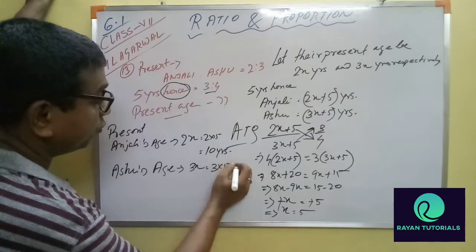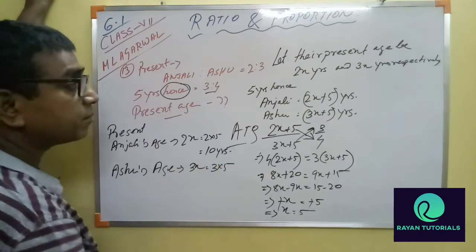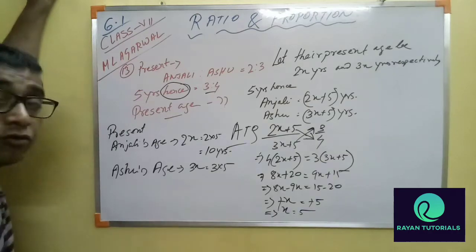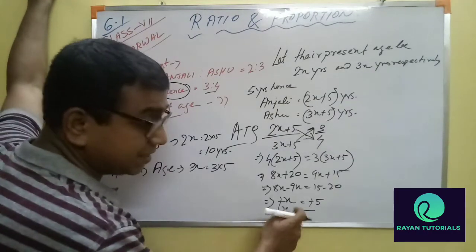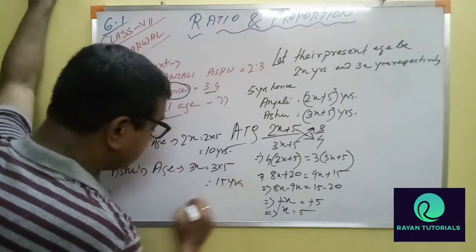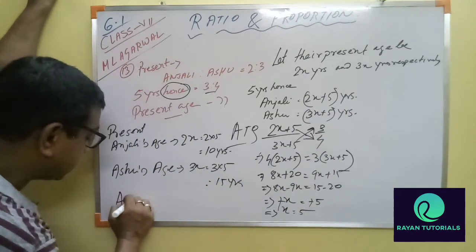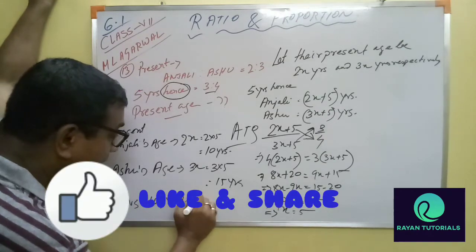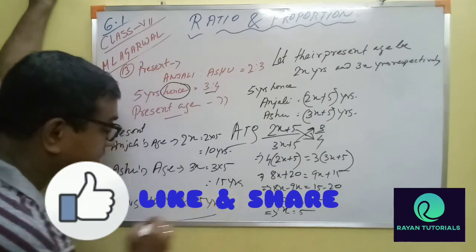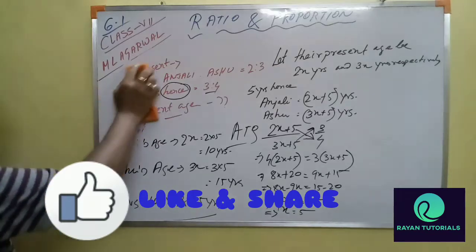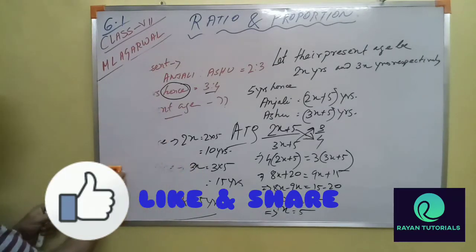That means 3 into 5. Why 3x? Because I assumed it to be 3x. Why 3 into 5? Because x is equal to 5, which is 15 years. So what should be my answer? My answer should be 10 years and 15 years. Is that clear? Are you sure? Okay.